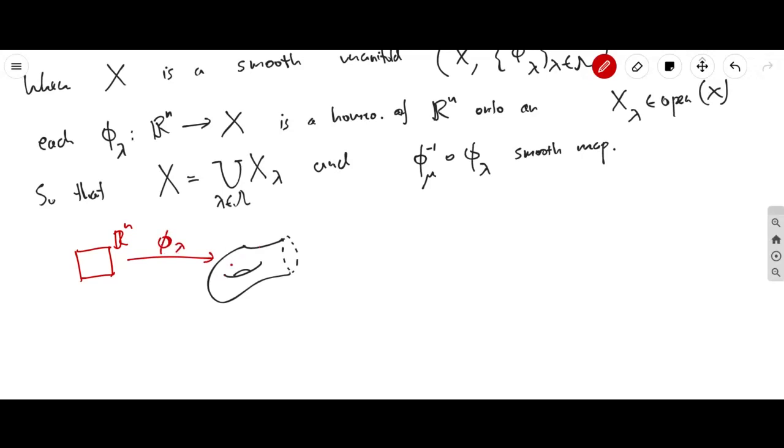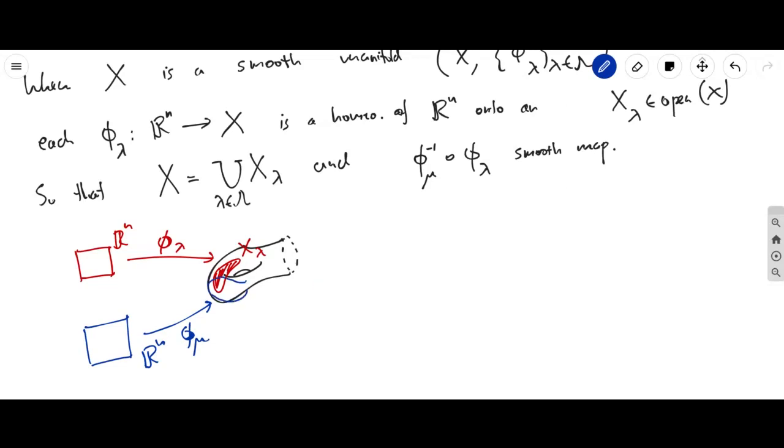This is phi lambda, homeomorphically onto an open subset. This is X subscript lambda. And then we have another chart, so we call these charts, that maps Rn homeomorphically onto another open subset. Let's call that phi mu.